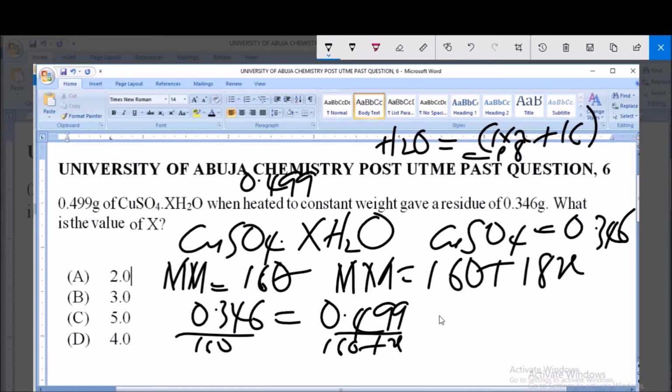Now when you solve further, 0.346 divided by 160 gives you 0.00216.